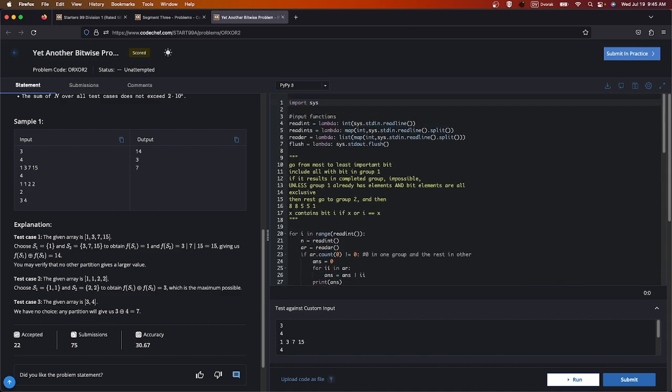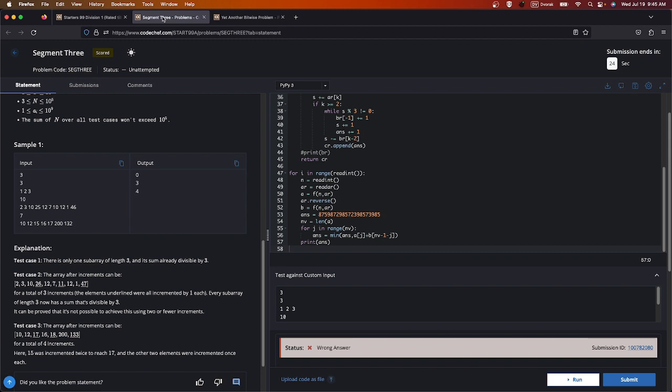Mainly this problem, yet another bitwise problem. I probably would have solved this if I hadn't burned all that time on problem 3 doing whatever it was I was trying to do.